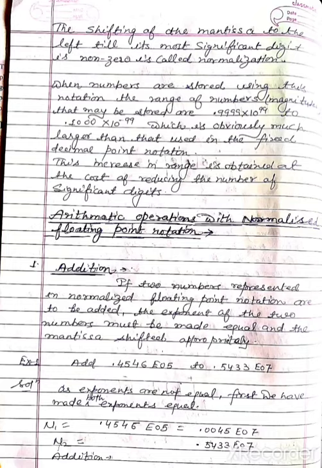When numbers are stored using this notation, the range of number magnitudes that may be stored is 0.9999 into 10 raised to the power 99 to 0.1000 into 10 raised to the power minus 99.